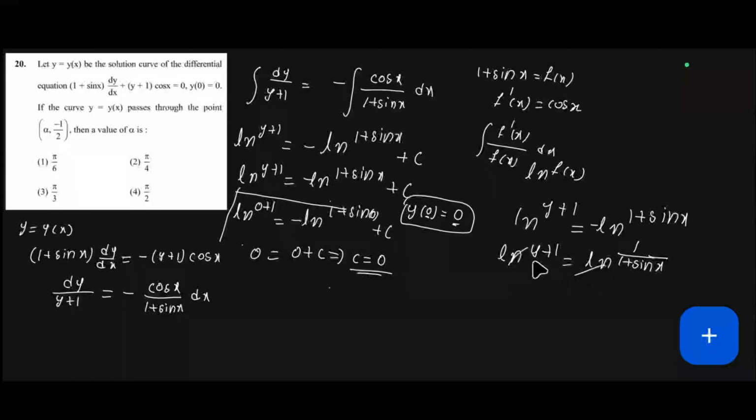So ln will be cancelled: y plus 1 is equal to 1 by (1 + sin x).